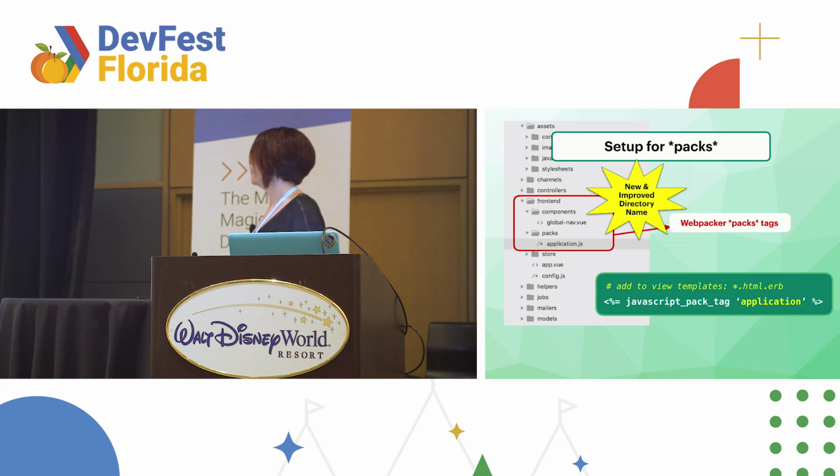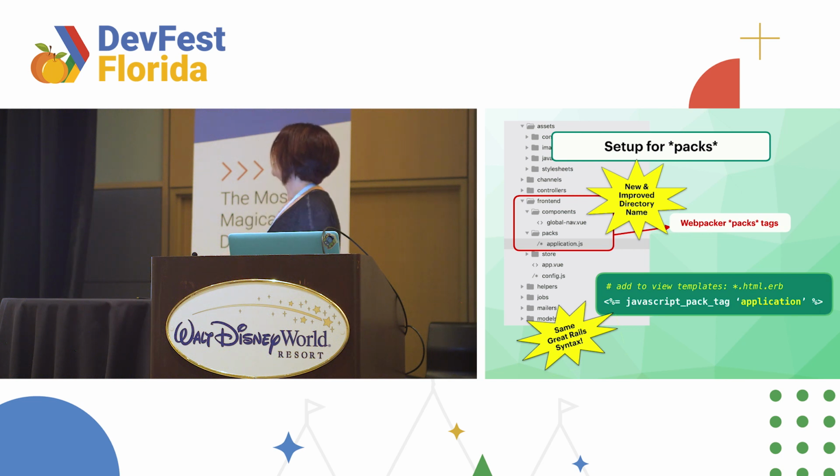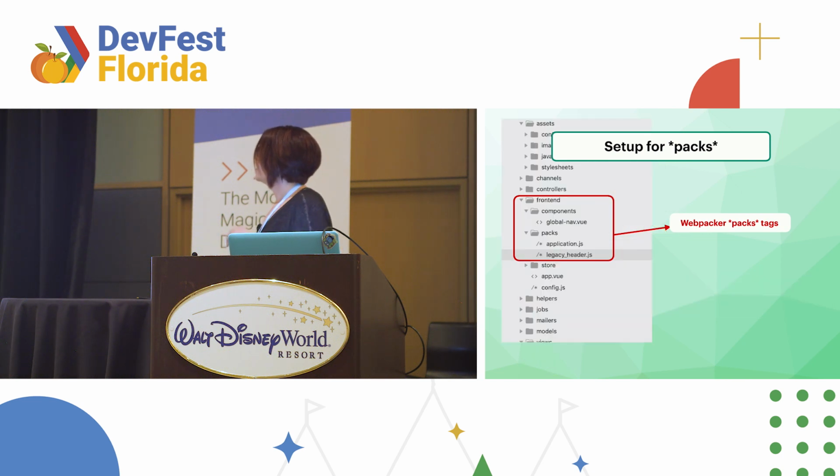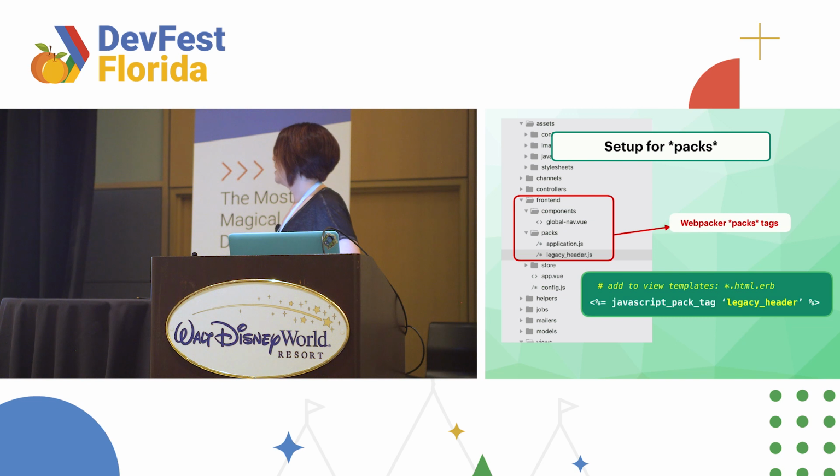So I have a new and improved directory name, but I have the same great Rails syntax. So now I'm adding a new pack, and I'm calling it legacy header. And I can drop that into my Rails view templates, again with the JavaScript pack tag, and then I will just call the argument legacy header, which is the file name.